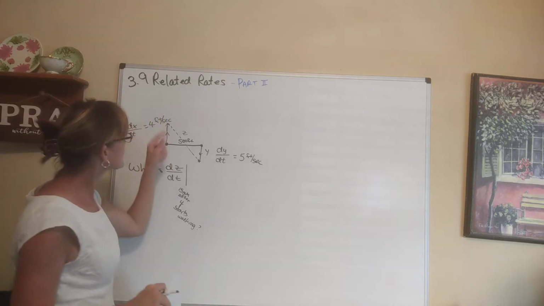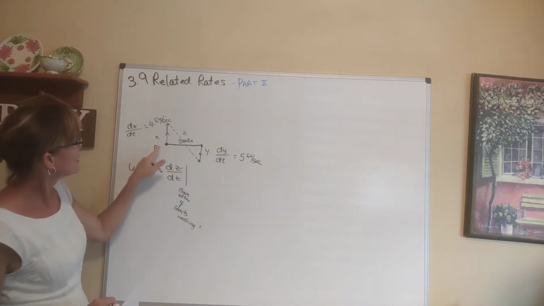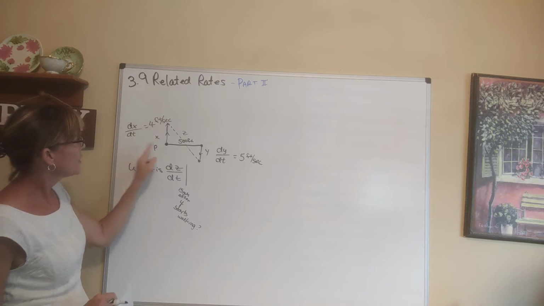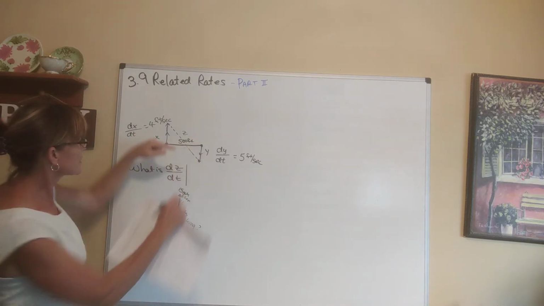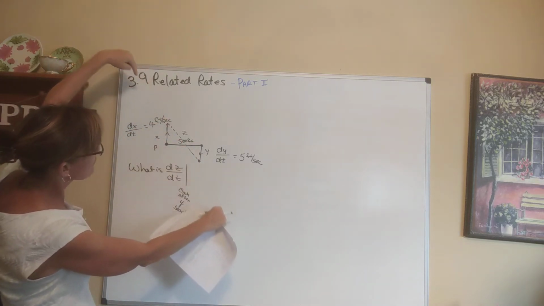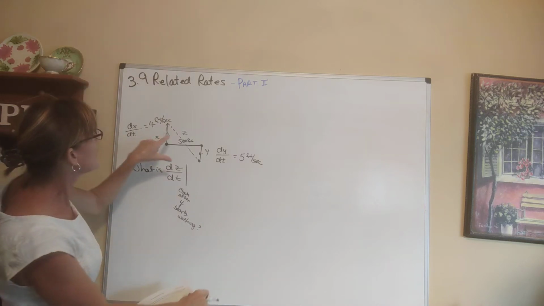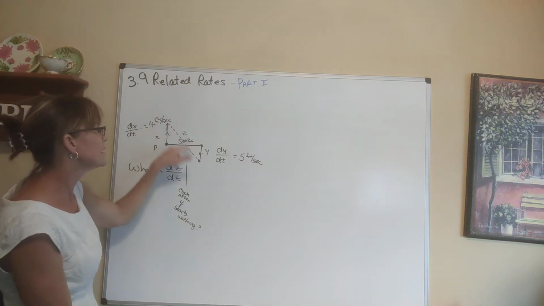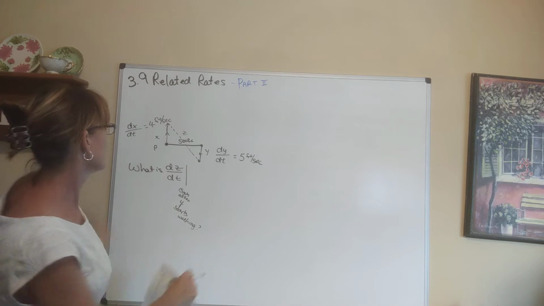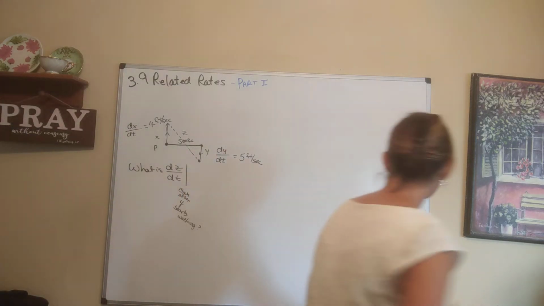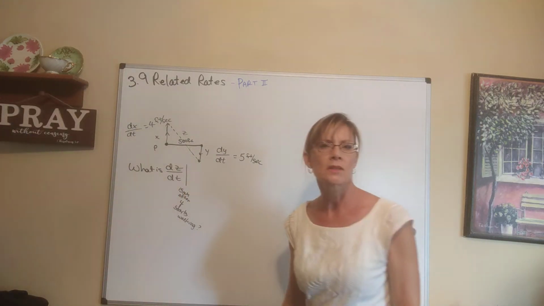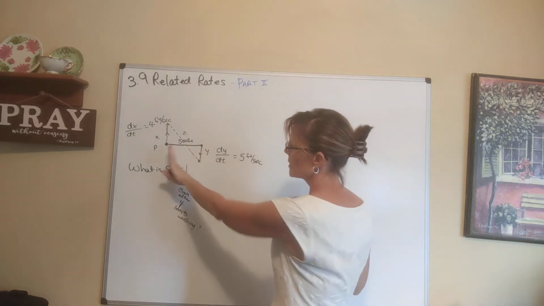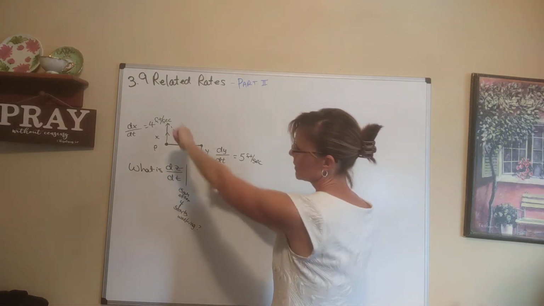Okay, the second thing is let's just picture what's happening here. There's this man walking this way. 500 feet away, there's a woman walking this way, and so this distance between them is growing and growing and growing. And we need to know the rate of change of z, the distance between them. This is what I decided to do when I was thinking through this. I decided to redraw this picture so I could look at z.